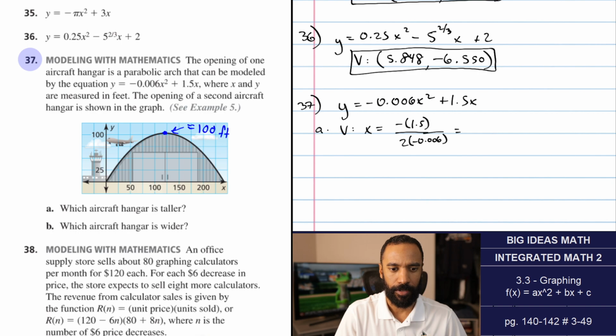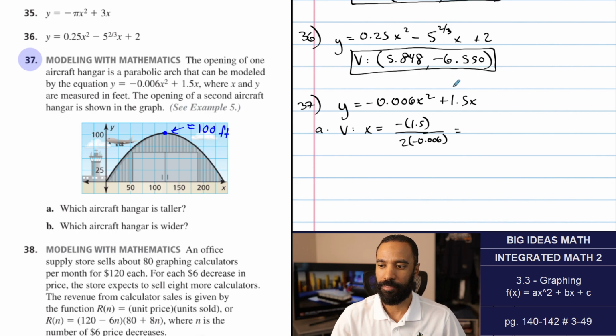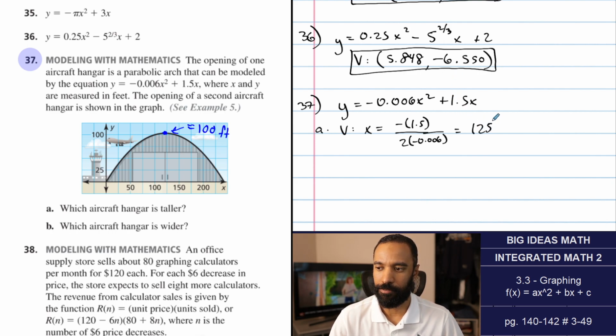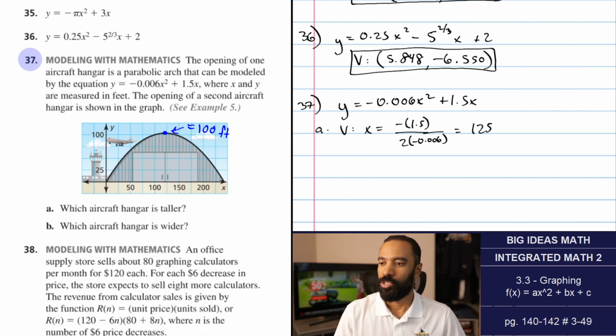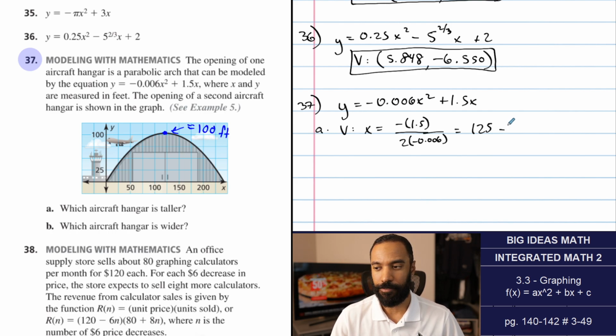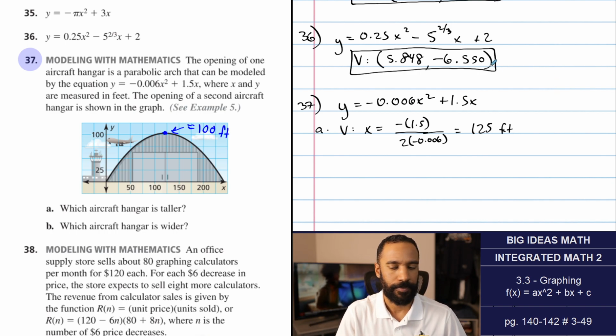I'm just going to type it out. 1.5, this will turn positive, but 1.5 divided by 2 times 0.006. So, 125. Good. Nice clean number. So 125. And that is good. By the way, that's 125 feet as we're talking about some things later here, right? This is all going to be about distances later on part B.